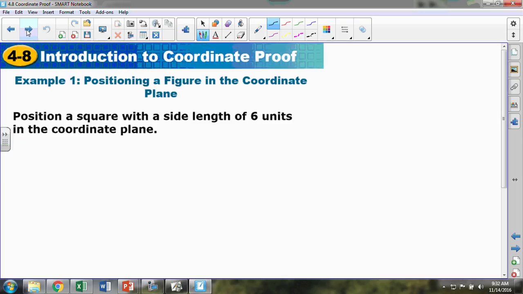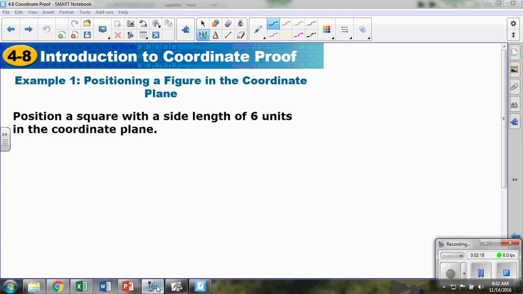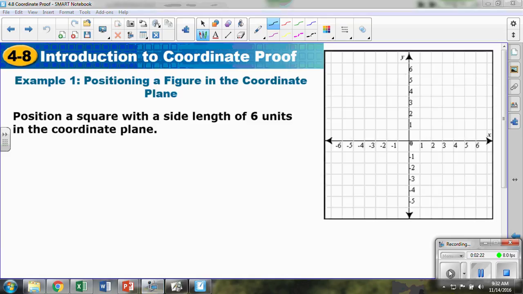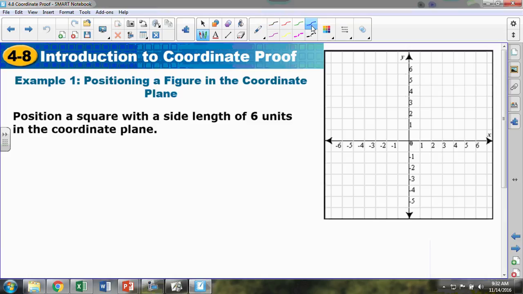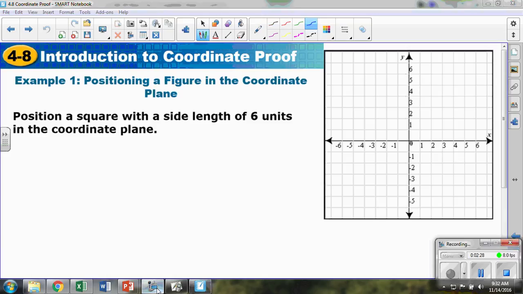For instance here, position a square with side lengths of 6 units in the coordinate plane. Well, again, position just means draw the picture. And since we're working within the coordinate plane, we'll simply say, all right, it's a square with a side length of 6. Then we'll start by putting something on the origin.